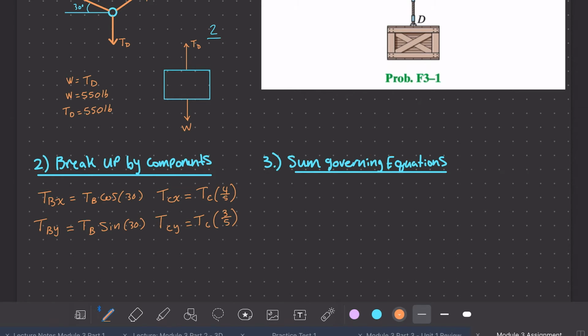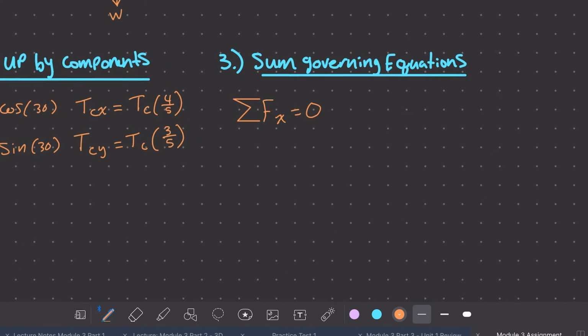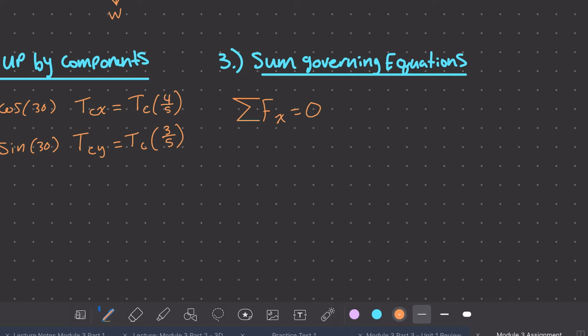Now that we have those components, we can start summing the governing equations to try and solve for the component's force. So starting with the sum of the forces in the x direction, make that equal to 0. And that's going to be equal to negative TB cosine 30 plus TC times 4 over 5.